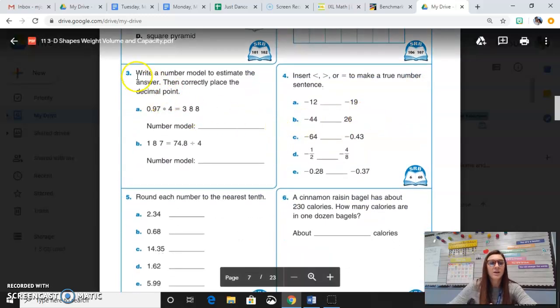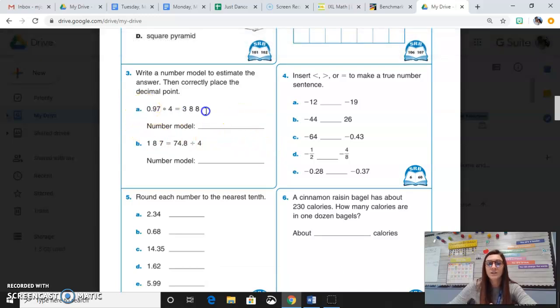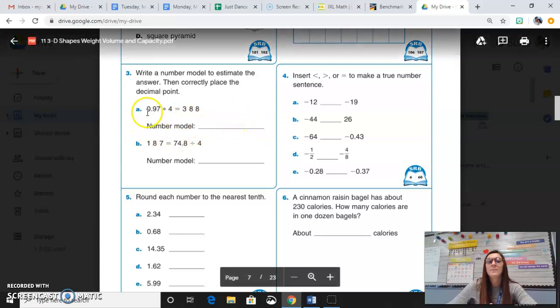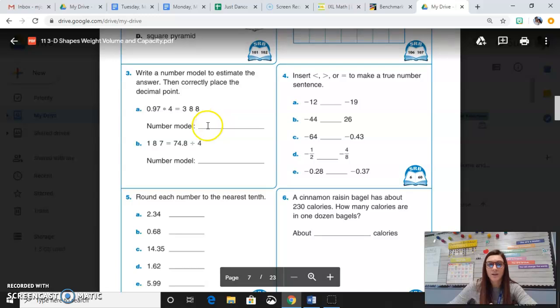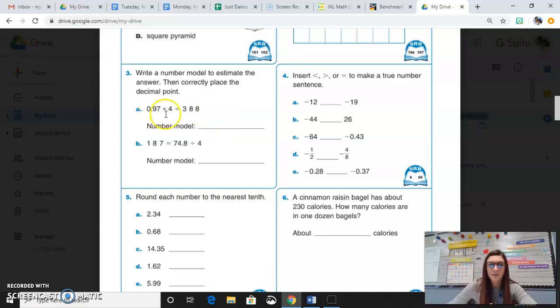For number 3, write a number model to estimate the answer. Estimate, estimate. The number model's already done for you here. You are writing a new number model with an estimate. So I'm going to say that 0.97 is pretty close to 1 whole. So on this line, I'm going to write 1 times 4.